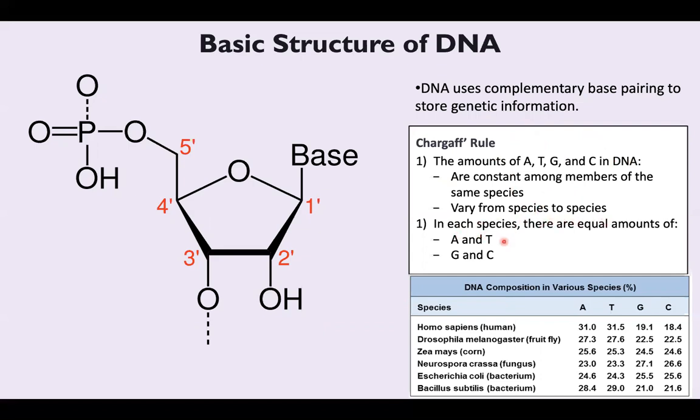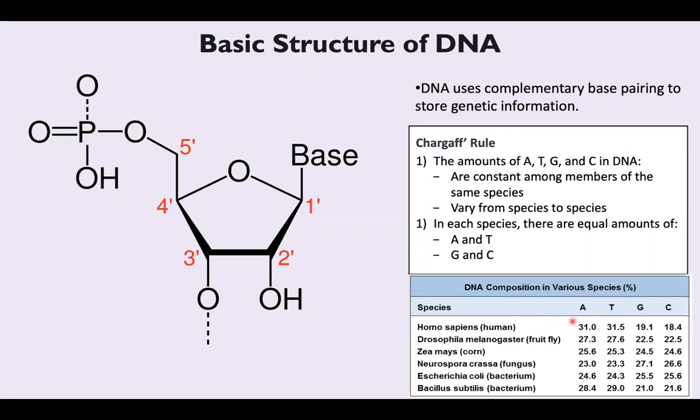So in each species, what is important in Chargaff's rule is that there are equal amounts of A and T and also G and C. If you see here for Homo sapiens, which is human, the DNA composition of A is 31%, and T is 31.5.